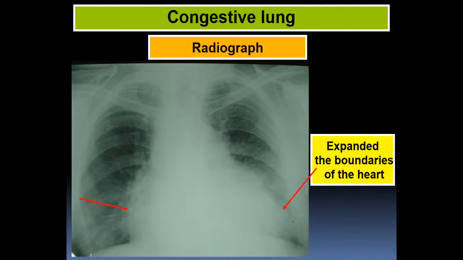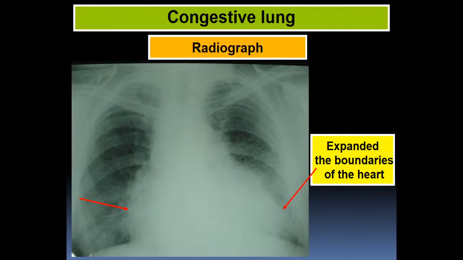The next disease for differentiation, congestive lung. On X-ray in this disease, in this problem, we can see affection of the heart, and we can see severe lung pattern.